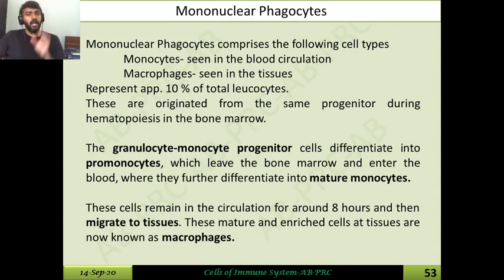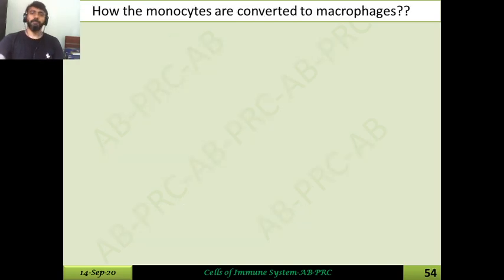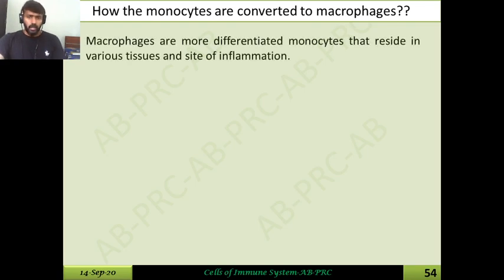The monocytes are transformed into a more potent phagocyte while they shift their location from the blood into the peripheral tissues. Fine. These are more differentiated and more developed cells of monocytes, and they usually locate in tissues at the site of inflammation.